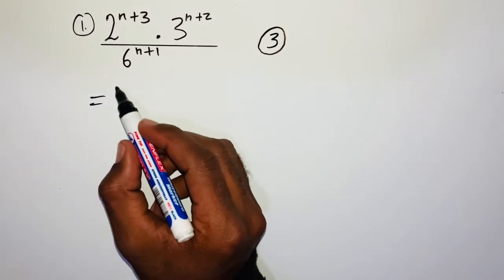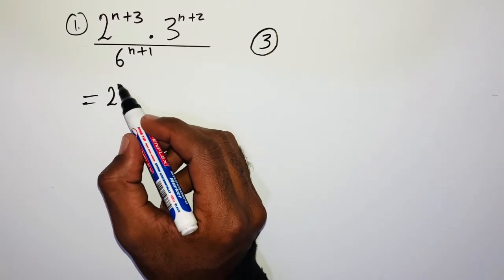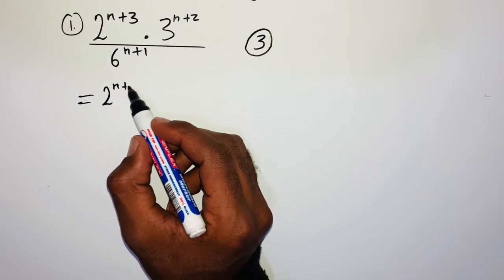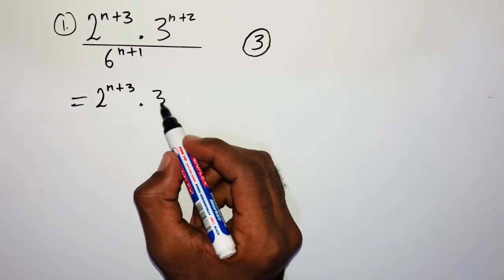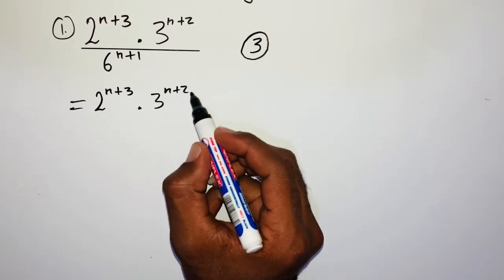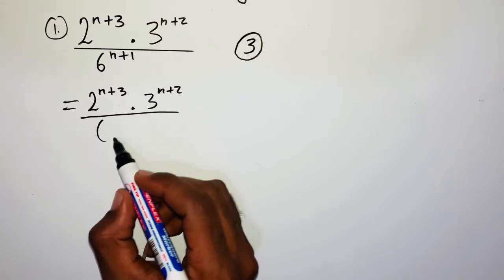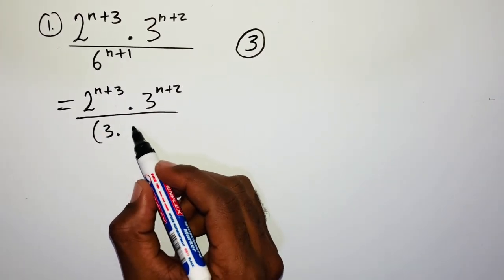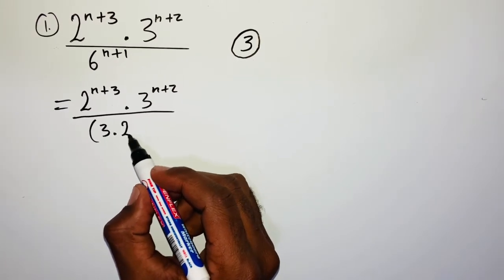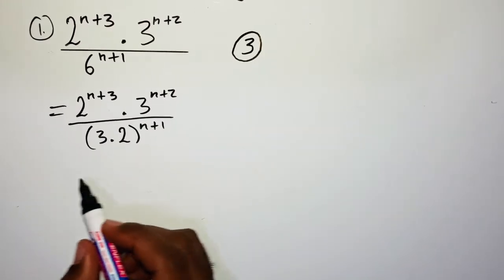So I can just write what's on the top as it is, 2 to the n plus 3, times 3 to the n plus 2. Then underneath, I change my 6 to be 3 times 2, to the n plus 1.